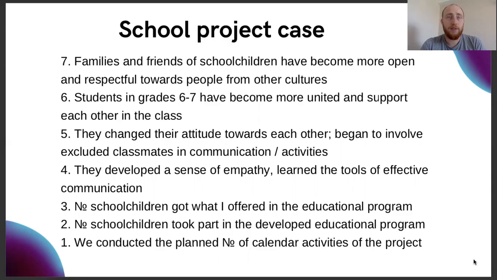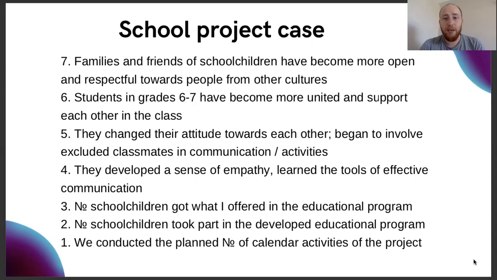And in order to achieve this impact, this broader change in their lives, I take one target group, like students in grade 6 or 7, and I want them to become more united and support each other in the class.